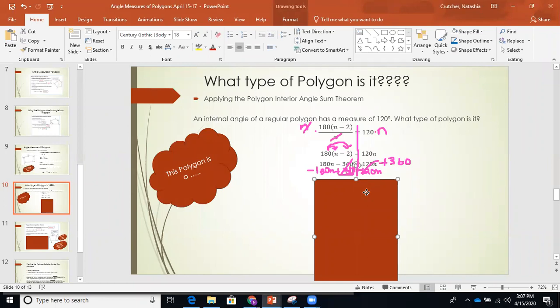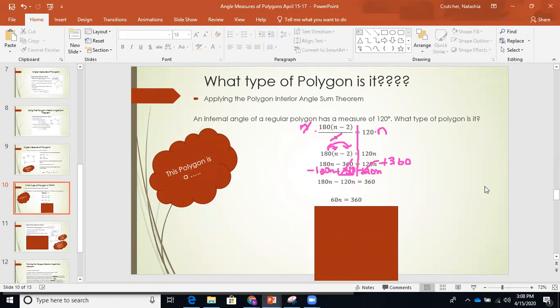And that's going to leave us with 180n minus 120n equals 360. Because they kind of did it all in one swoop, they're just repeating my step here. So I'm just going to come on down. 180n minus 120n leaves us with 60n equals 360.